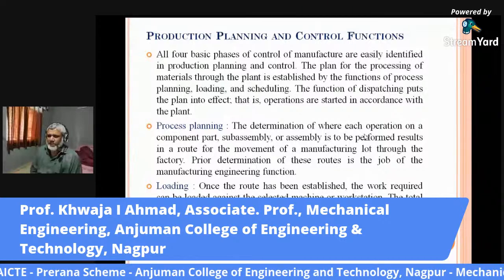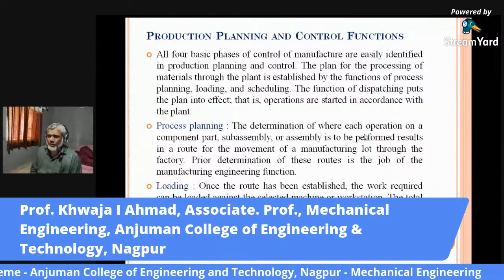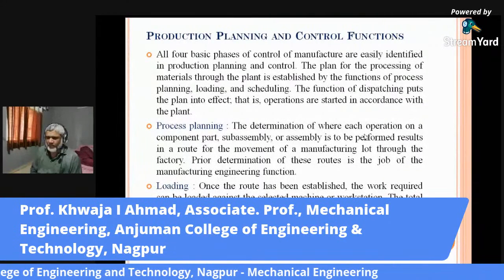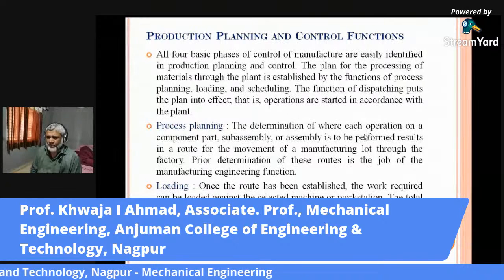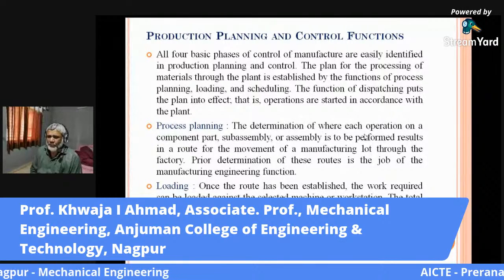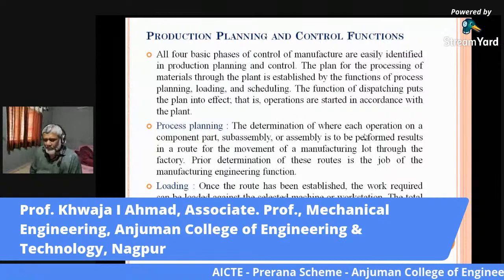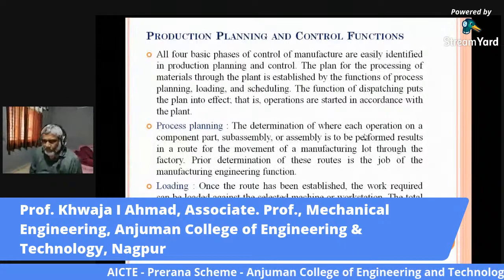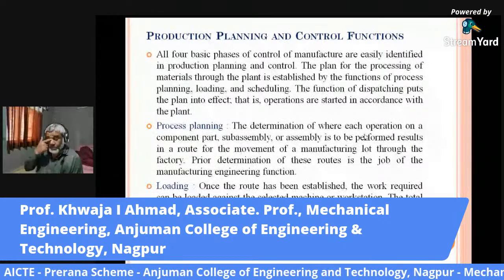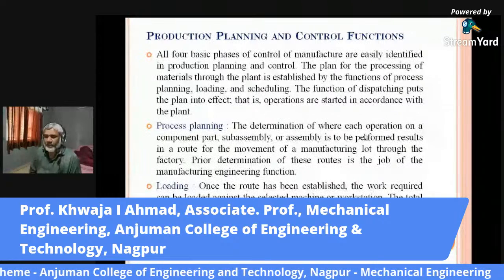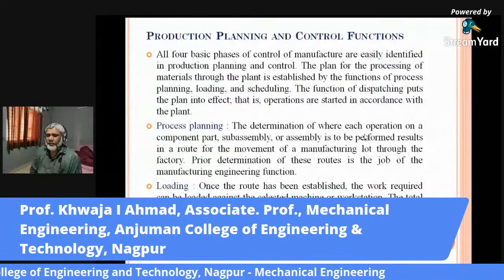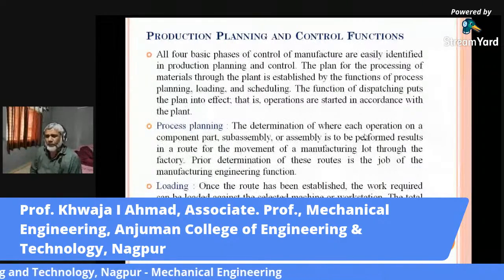It is the determination of where each operation on a component, part, assembly, or sub-assembly is to be performed, which results in the route for the movement of a manufacturing lot through the factory. In process planning, you must have the ability to select the proper process.